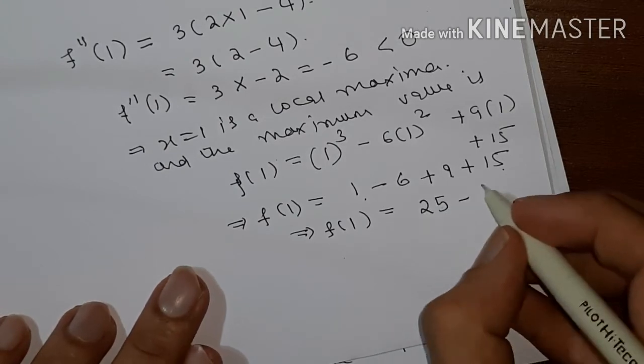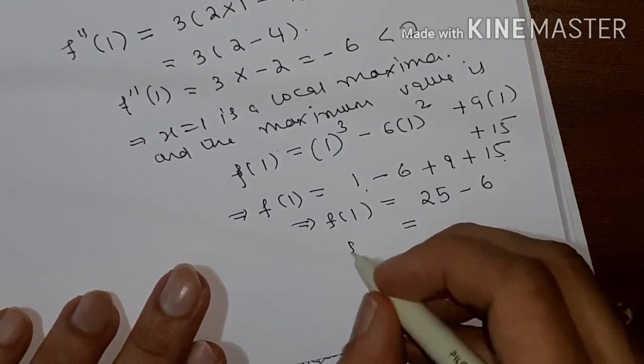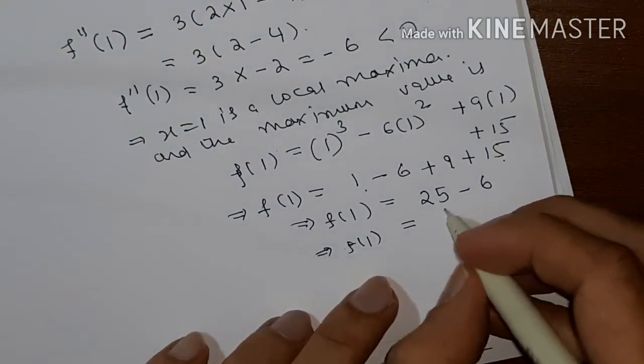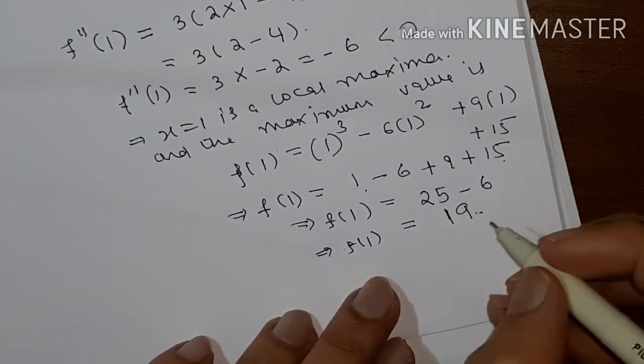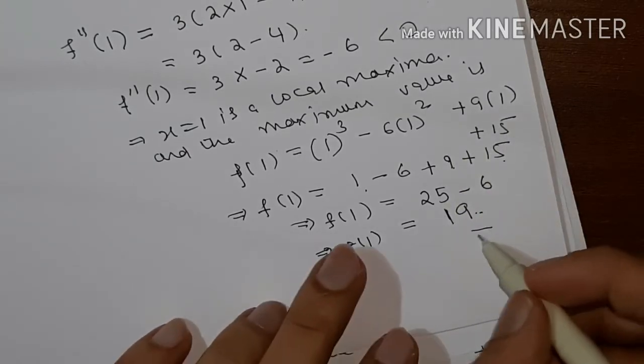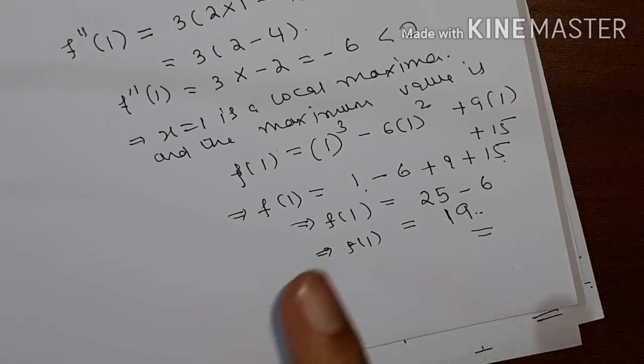So 25 minus 6, f of 1 is 19, and that is the local maximum value. So that was problem 5.